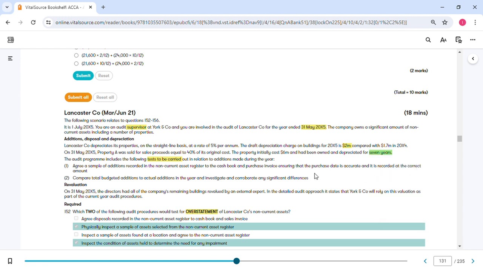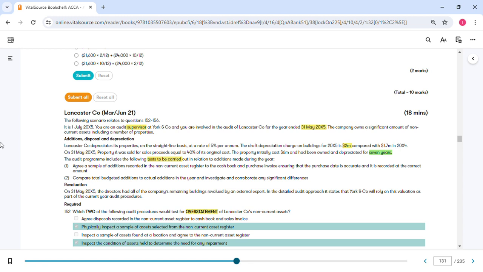Okay. Now you write down depreciation amount. Step 2. Depreciation amount is equal to cost times 5%, 5 by 100, times 7 years.